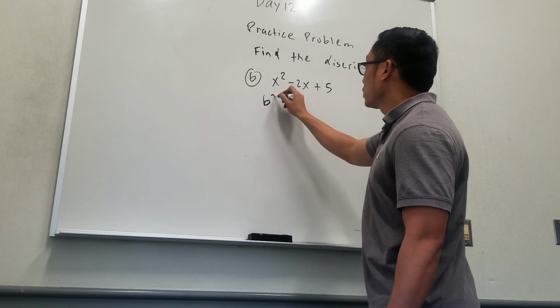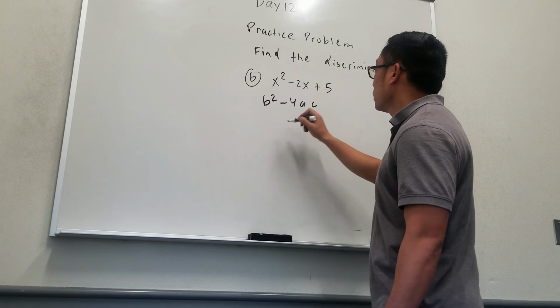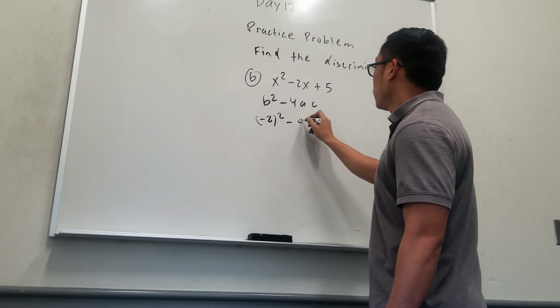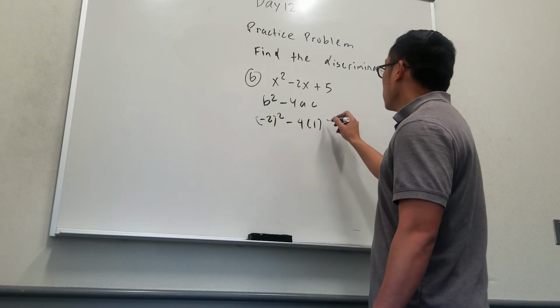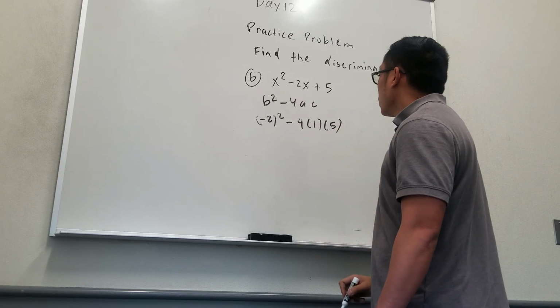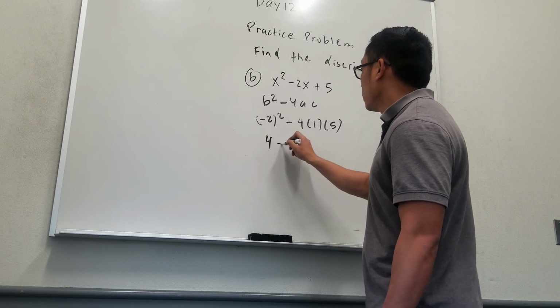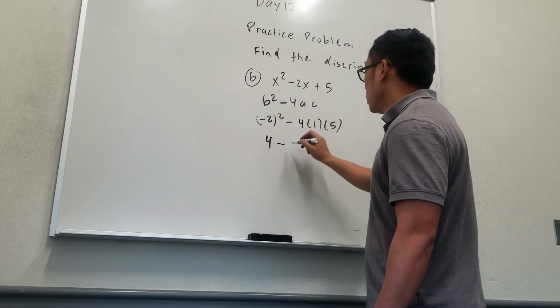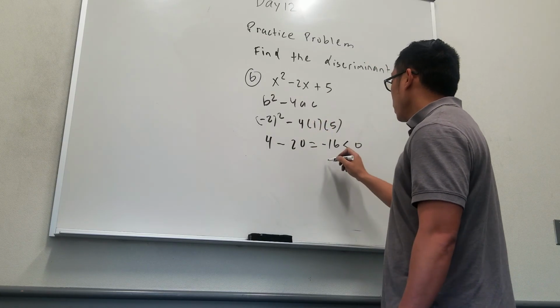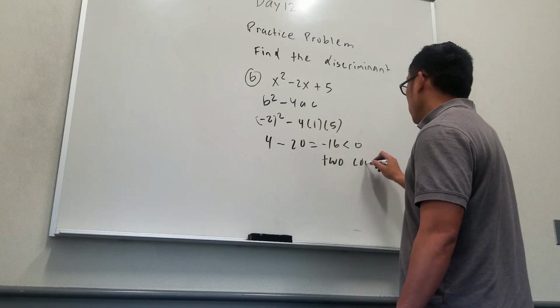Applying the formula b squared minus 4ac, we want to find the discriminant. So we have negative 2 squared minus 4 times a times c. So we have 4 minus 20, which is negative 16, which is less than 0. So that means you have 2 complex solutions.